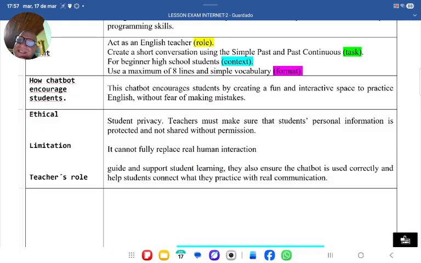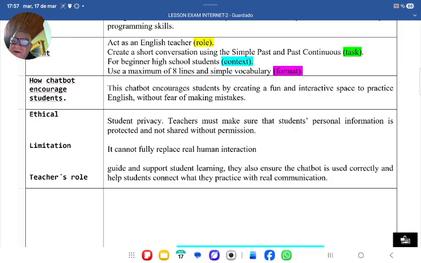One limitation of using a chatbot is that it can't fully replace real human interaction, because when they interact with a chatbot, they are interacting with a machine. So human interaction can't be replaced by any machine.